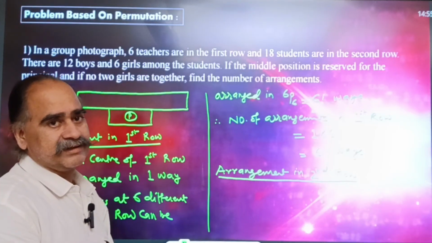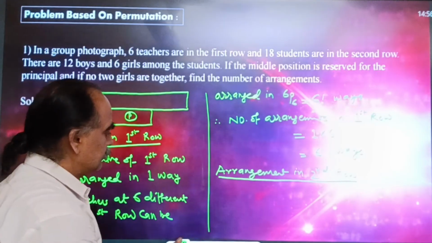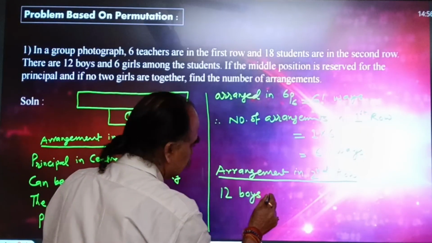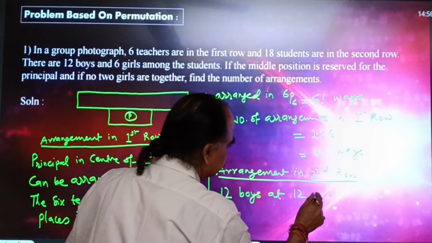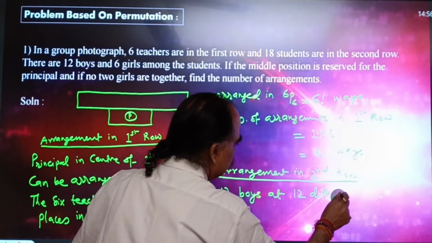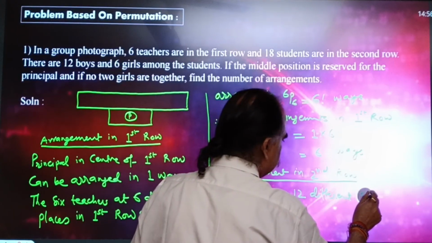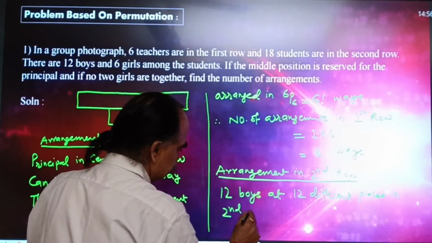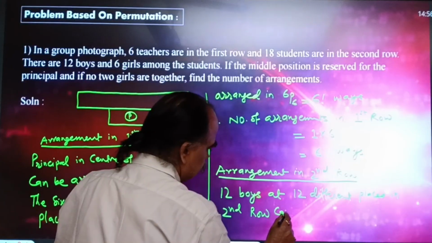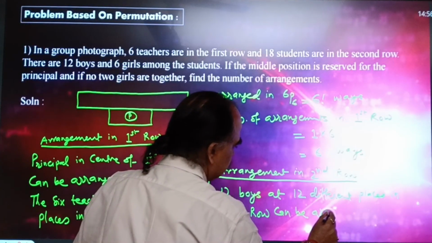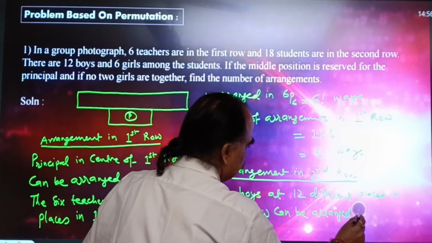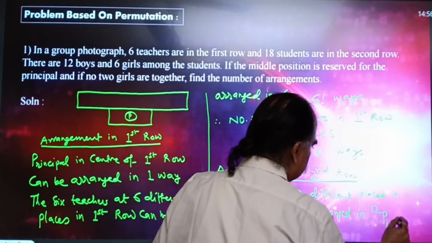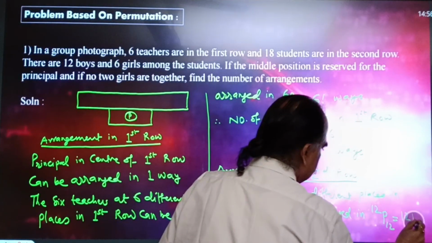So first we will arrange the boys. 12 boys at 12 different places in the second row can be arranged in 12P12, 12 factorial ways.